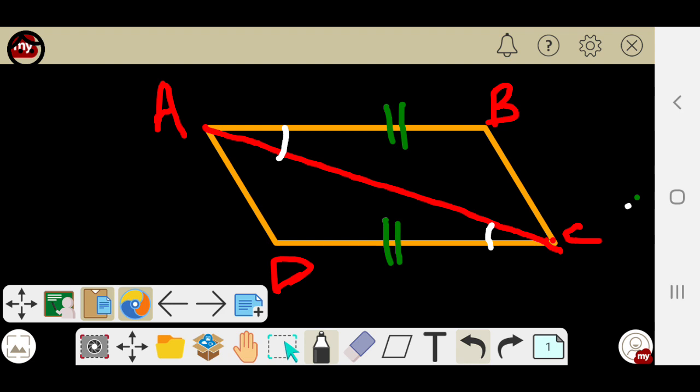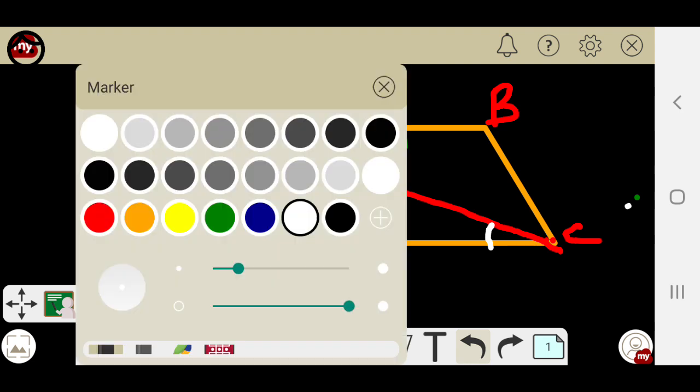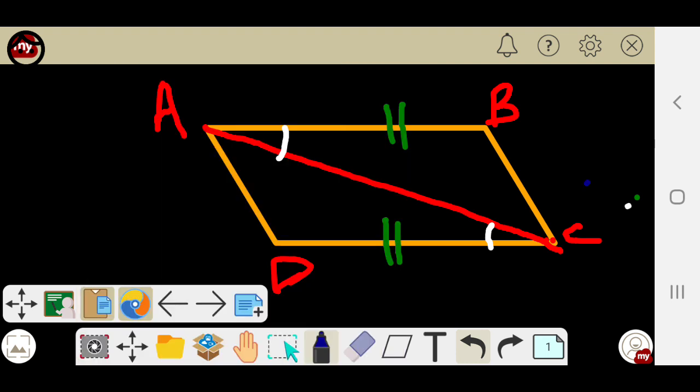And it is given that ABCD is a parallelogram, so AB is parallel to CD, and not only that, AB equals CD also, and AD equals BC also. While considering the diagonal AC, since AB and CD are parallel and AC is the transversal, alternate interior angles are equal. In the same way, we can mark one more pair of alternate interior angles.